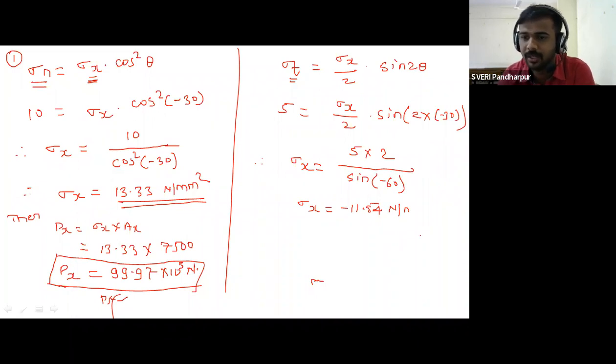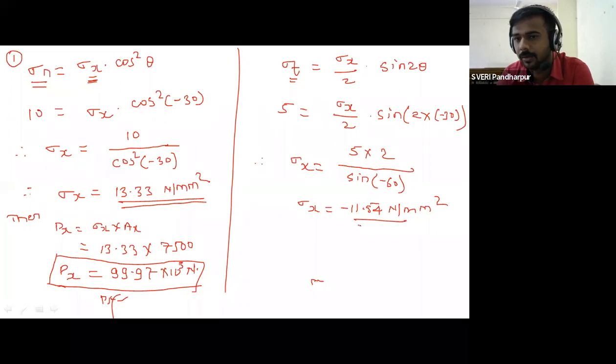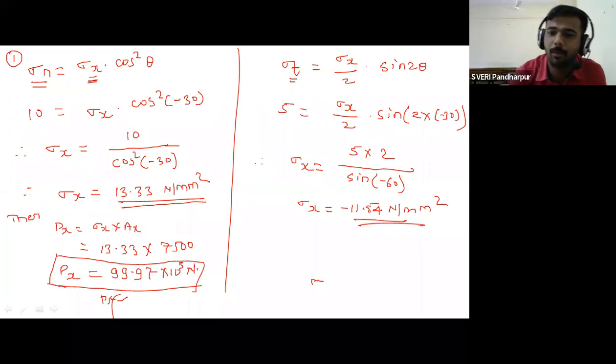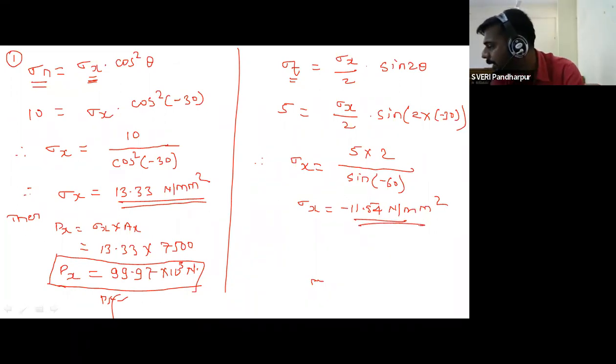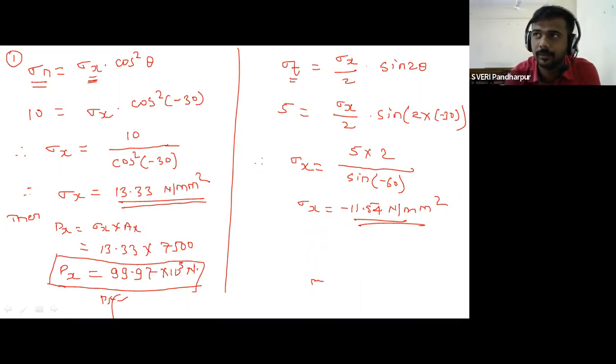Please check your answer. Minus 11.54 Newton per mm square. By using the shear stress formula or the tangential stress formula, we have calculated one more sigma x, and that is equal to minus 11.54 Newton per mm square.